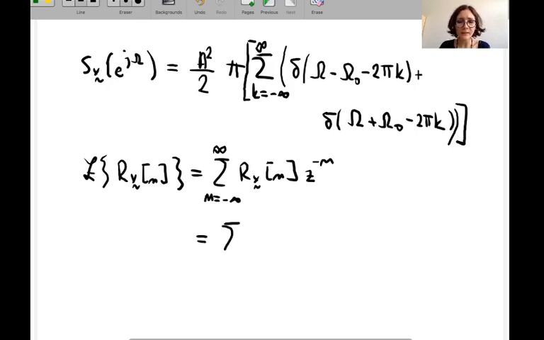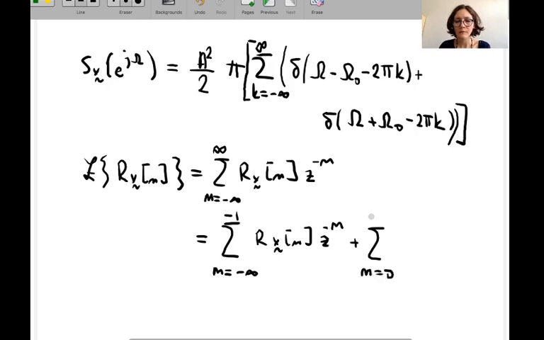If you just break this sum into two terms, where you put the negative terms in one, Rx of m z to the minus m, and then add the second term that captures the non-negative terms, from 0 up to infinity. So for this Z transform to exist, this first sum should converge, and the second sum should converge.